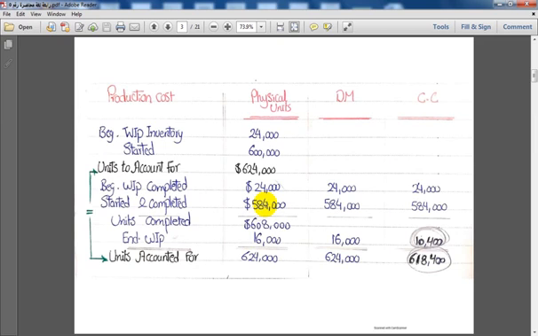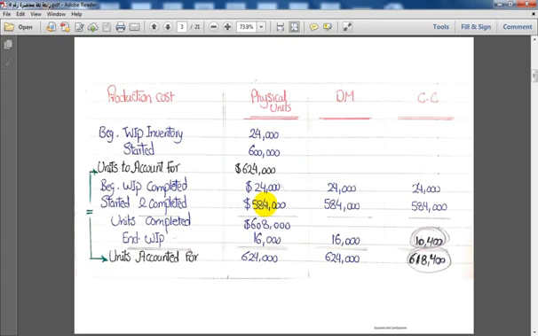We start from step number 2. Beginning work in process equal 100,000. We treat beginning work in process inventory as 100% completed at the end of the process. So 100,000 times 100% equal 100,000 for direct material, direct labor and overhead.